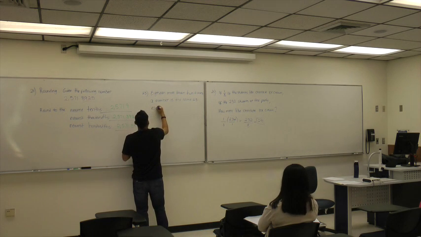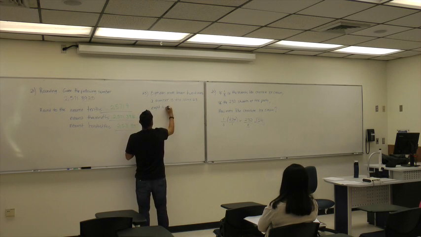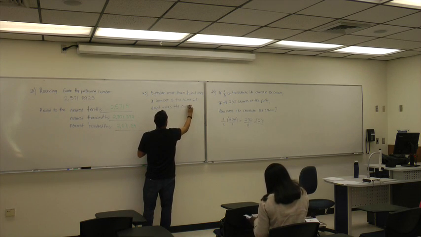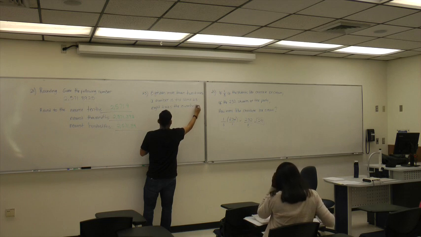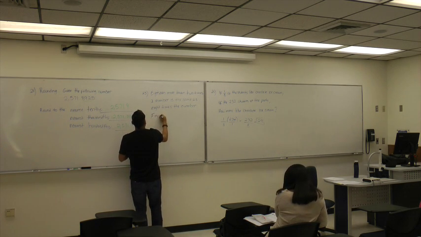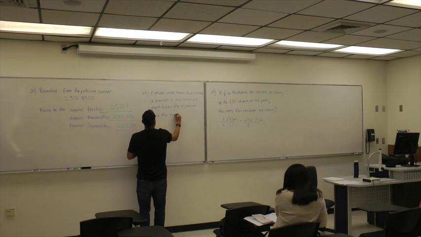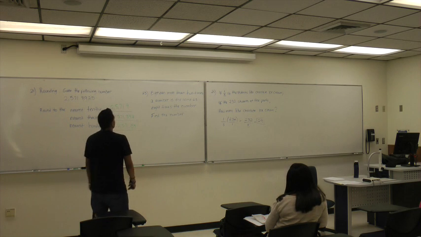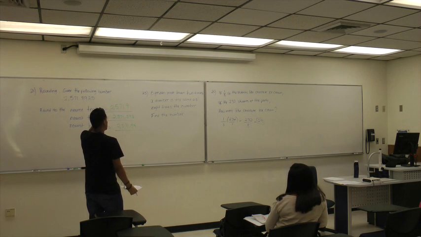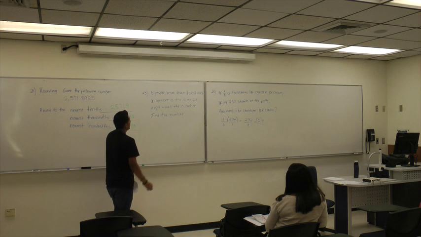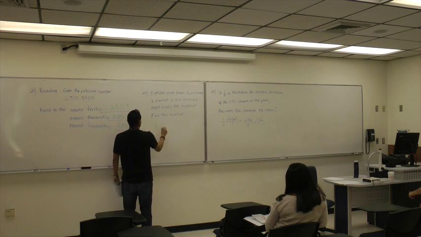8 times the number. 18 more than 2 times the number. So it's 8. Oh, yeah. Annoying. Alright, final one. Is it 2x plus 18 equals 8x? Yeah. Alright, so 18 more than 2 times the number is the same as 8 times the number. So just put it in numbers. 18, it's just 18.